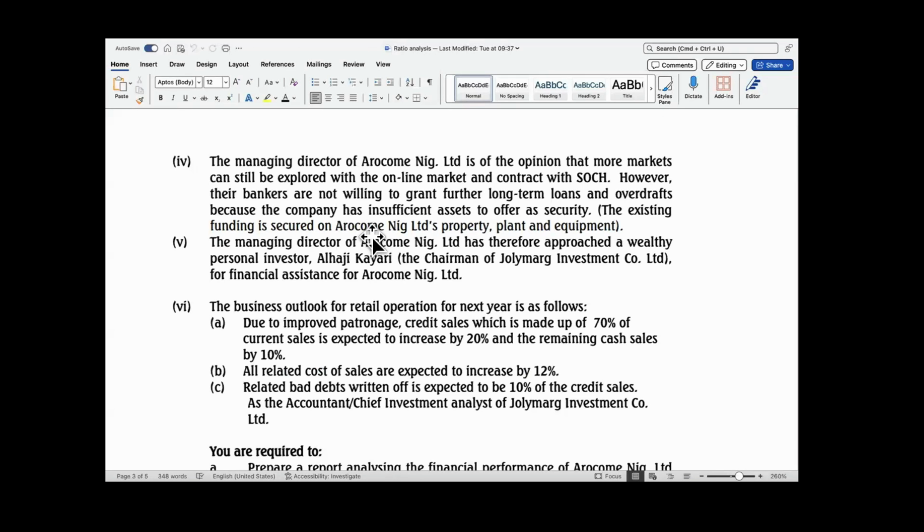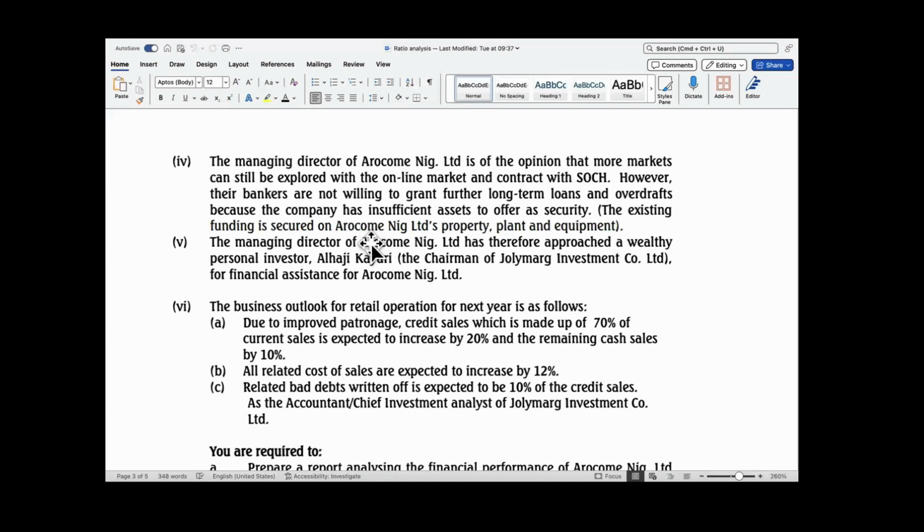Bank says that they don't have sufficient assets with which they can use as security for the money they will give to them, because most of the company's assets are already secured on one loan or the other. So the bank says, we can't give you money because you don't have what you can use to pledge as security.